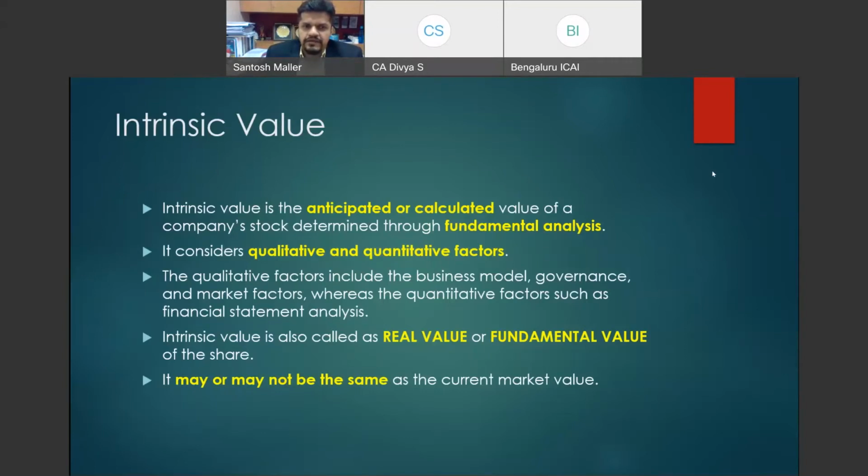Generally, if cash flows are projected for the next 5 years, then beyond 5 years, if the business survives, you will have a growth rate assumption that cash flows will be growing at a certain rate. So those are the quantitative factors: your discount rates, your WACC, your growth rate, your cash flow projections, and so on.